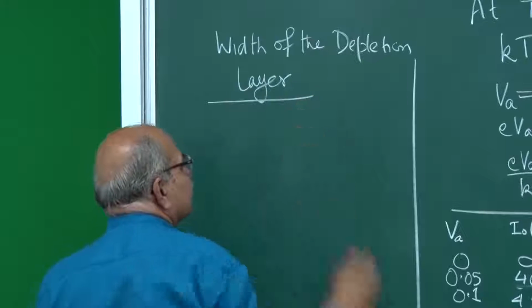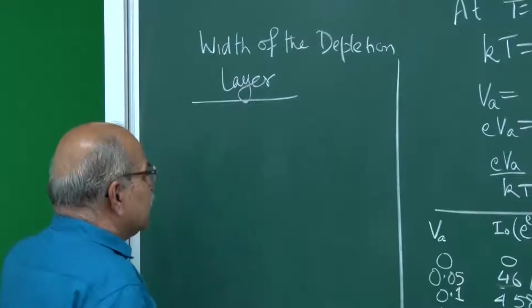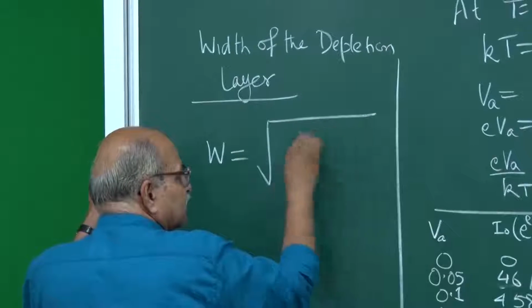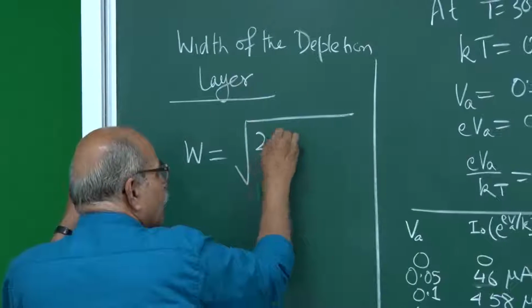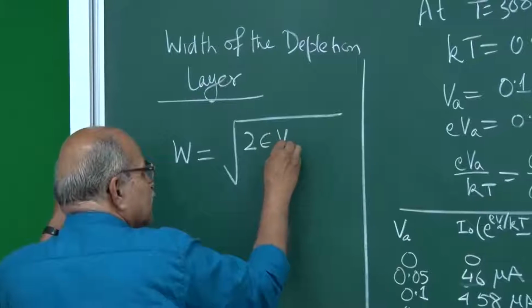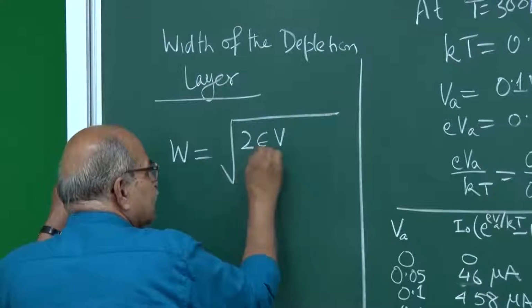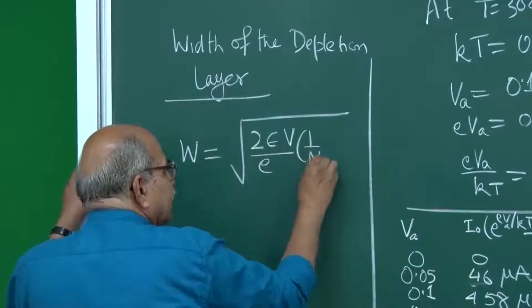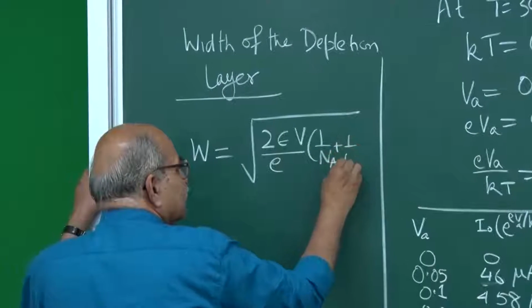We have derived that equation, that width was some square root of 2 epsilon, then this voltage appearing here, and then divided by e, 1 over NA plus 1 over ND, something of this sort.